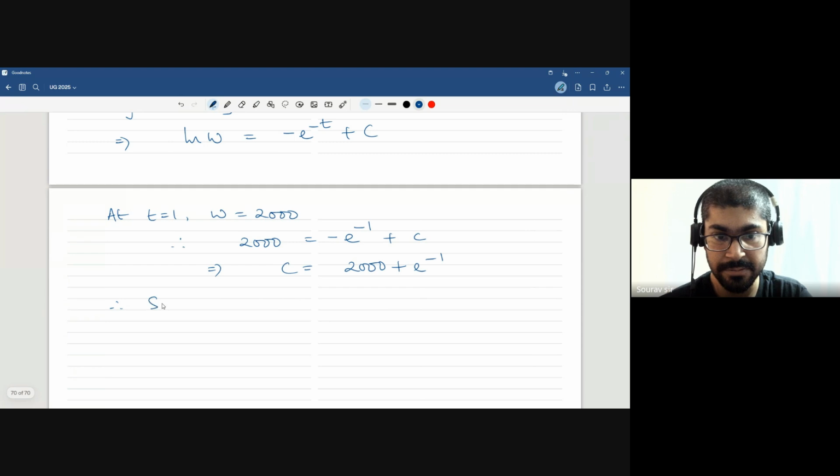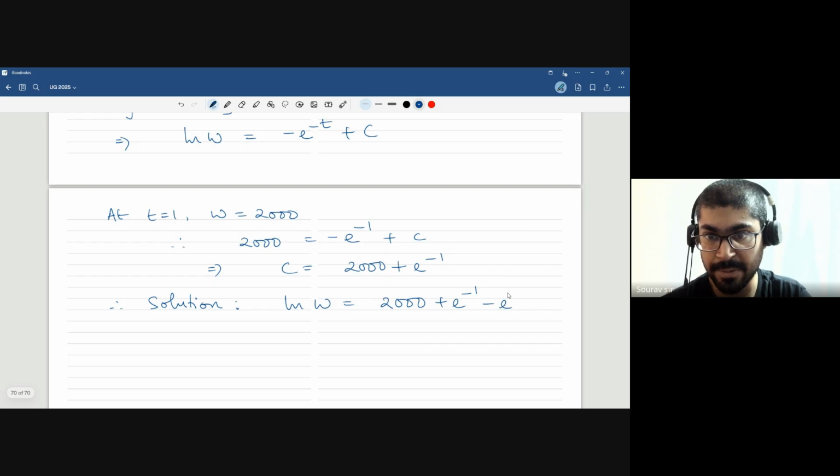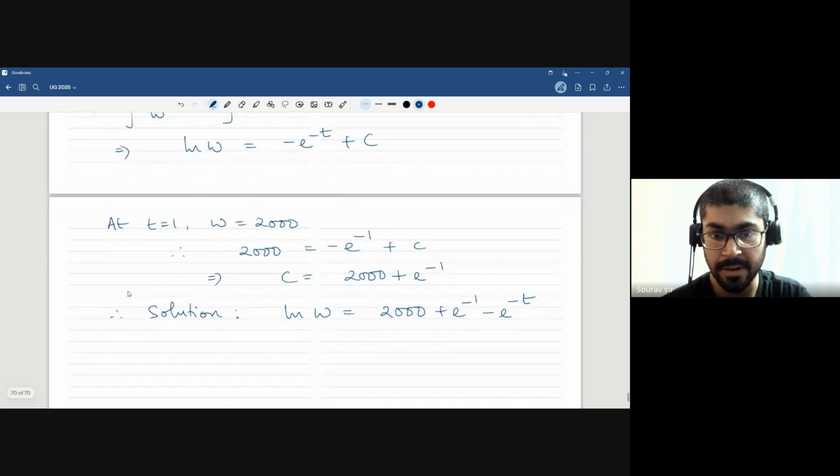Therefore, the solution: ln W is equal to 2000 plus e to the power minus 1 minus e to the power minus t. Right?